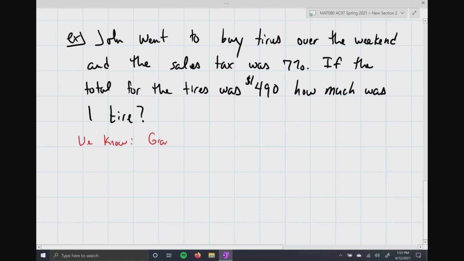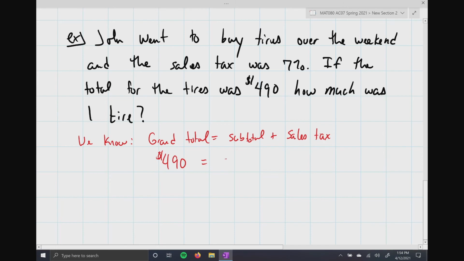Our grand total, which equals the subtotal, plus sales tax. Okay? So, my grand total was $490.